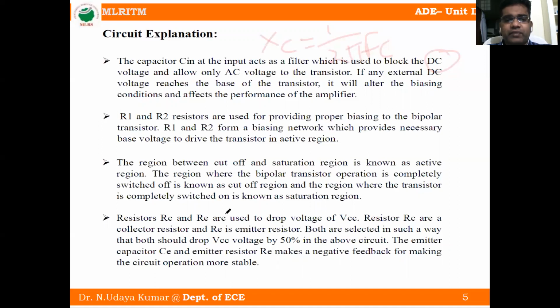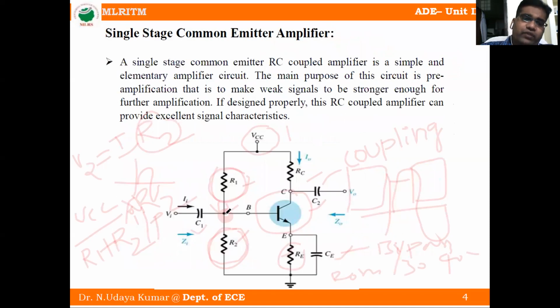The emitter capacitor CE and emitter resistance RE provide negative feedback to make the circuit operation more stable. In this circuit, whenever an AC signal is given, some DC components are also there.